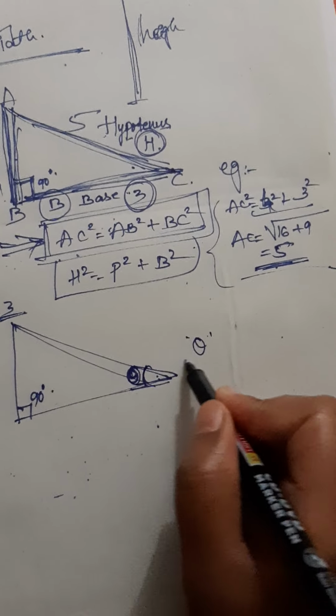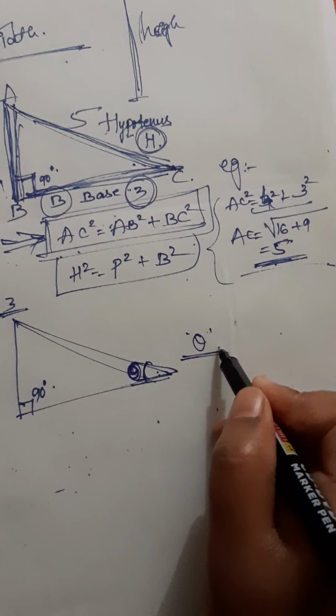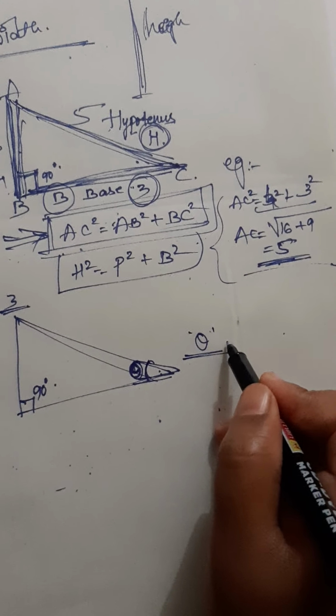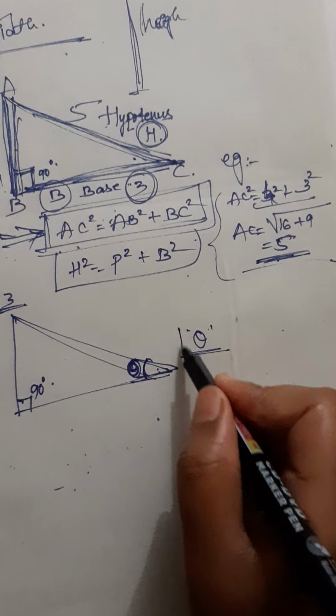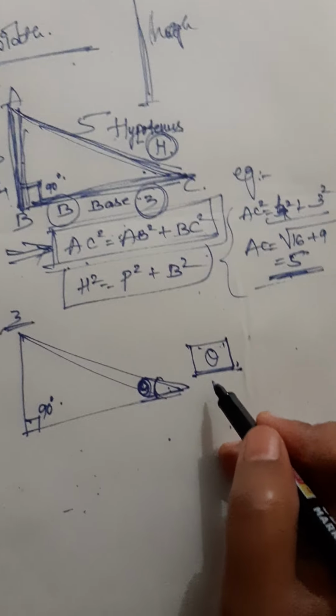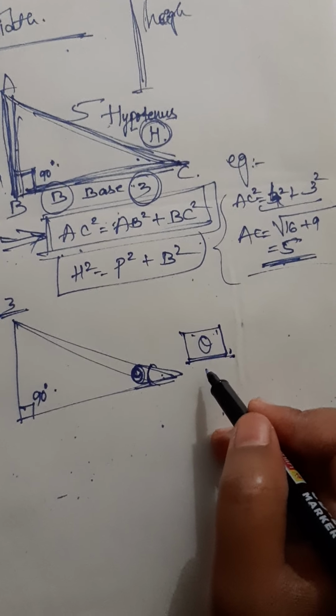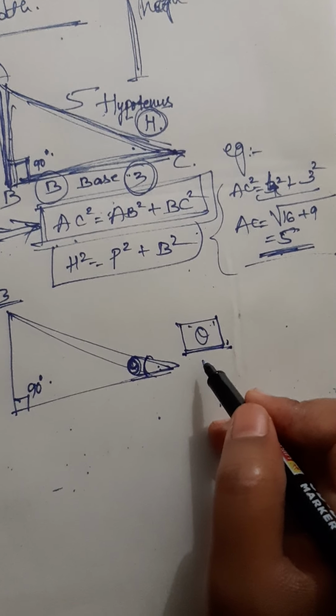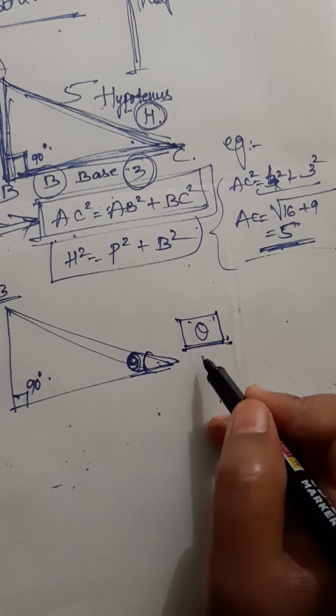This theta is the symbol of trigonometry, or we can take any angle A, angle B, like that, but mainly in trigonometry we must and should use this theta only. If they have given one side or two sides, we can easily find the other side.